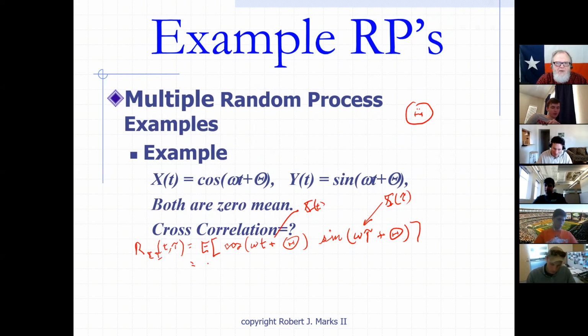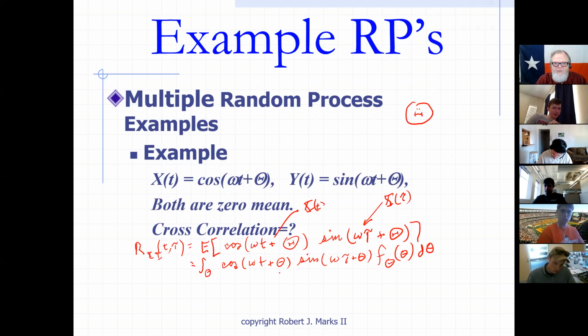So this in general is going to be the integral over theta of cosine of omega t plus theta times sine of omega tau plus theta, times the density function of theta, d theta.